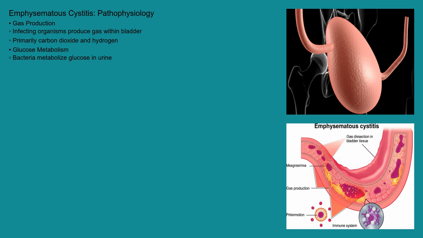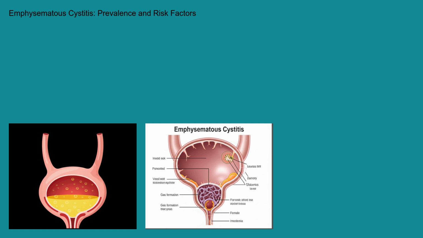The impaired immune response, often seen in diabetics and immunocompromised individuals, hinders the body's ability to fight off the infection, allowing it to progress more rapidly and severely. Emphysematous cystitis is considered a rare condition. Due to its strong association with diabetes, the prevalence is higher in diabetic patients, especially those with poorly controlled blood sugar.